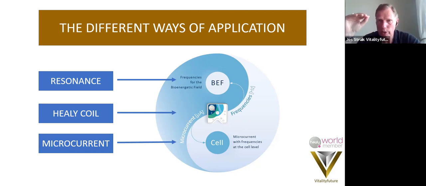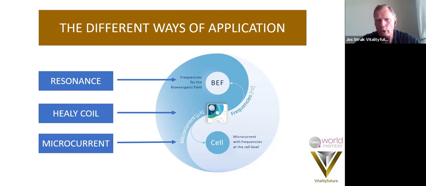We touch our intentions. We touch the information field. We are at a higher level of consciousness. And we all know that if we can improve the way we think and feel, in the end it will have a positive effect on our physical body as well. As we know, the other way around also works. If we have negative thoughts, negative emotions, stress, that will have a negative effect on our physical body.